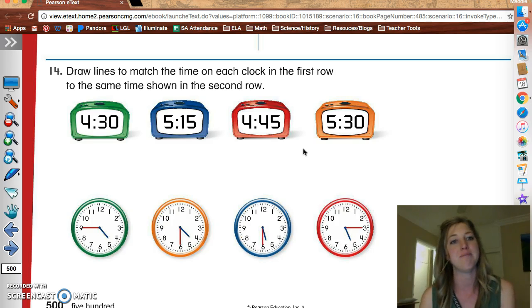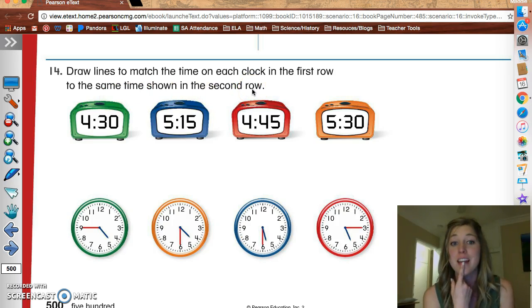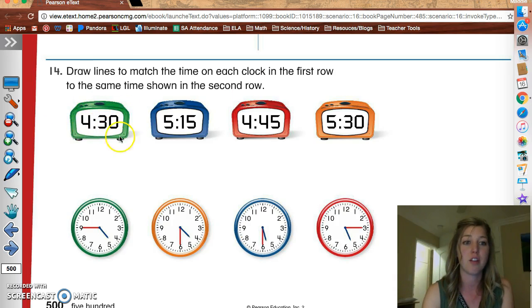And number 14. Draw lines to match the time on each clock in the first row to the same time shown in the second row. Now, I don't know why they did these in colors. They might be trying to trick you, or they might match. You have to double check and decide. So you're looking for 4:30 on one of these clocks.